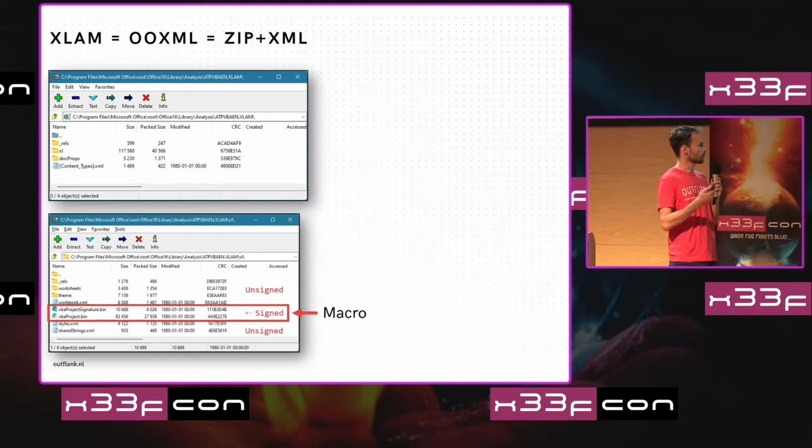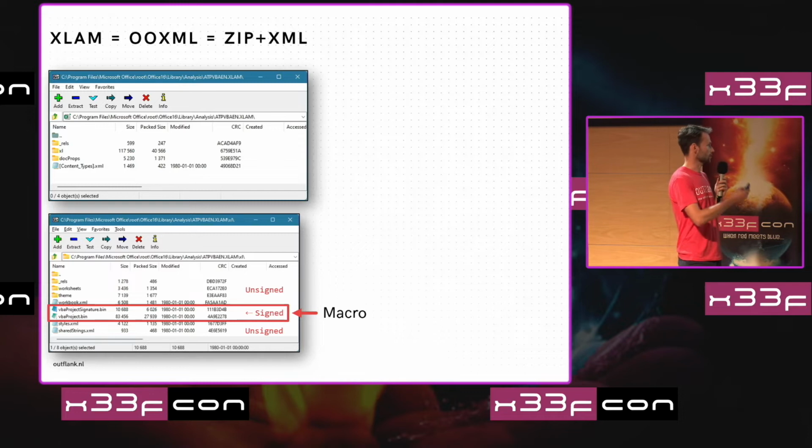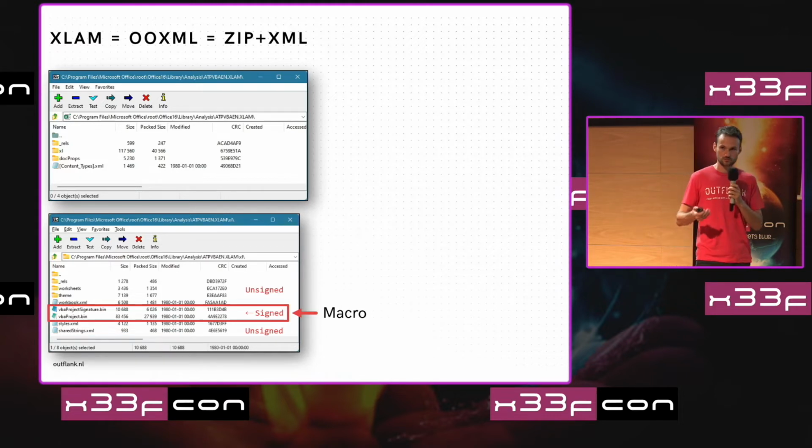And this is the part of the document that is signed. In theory, all the other XML files in all the other directories are not signed. And in theory, you can even transplant these signed files into another file and thus lift the security notifications and the signing.